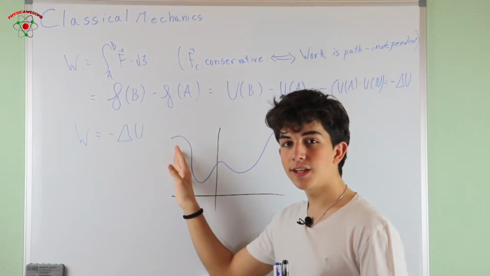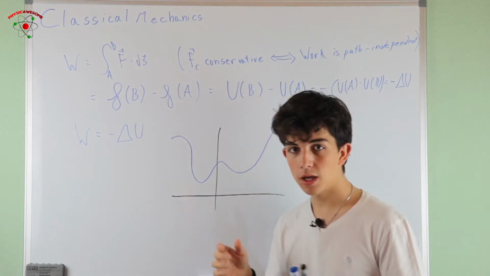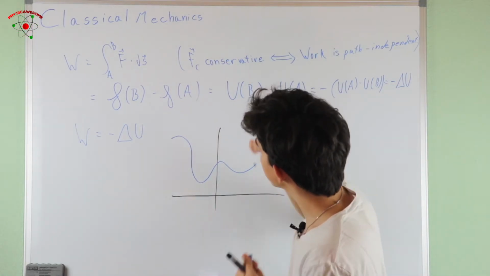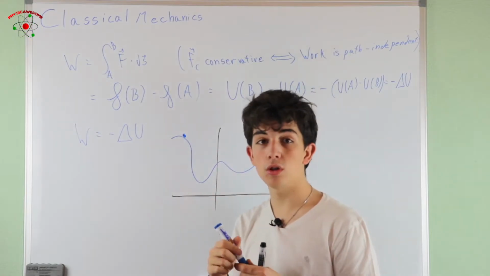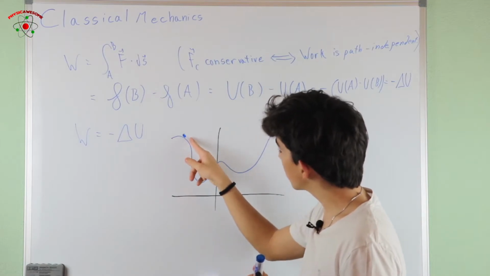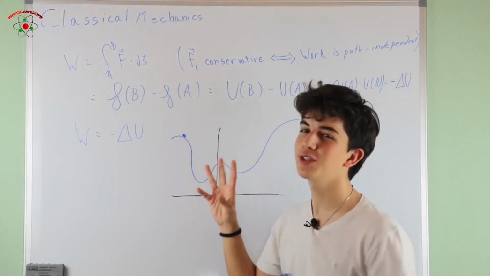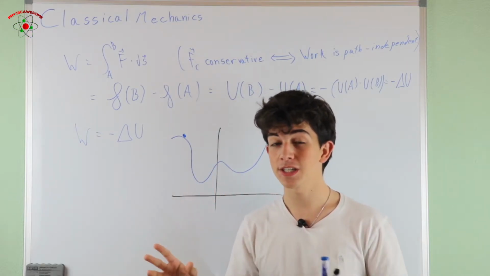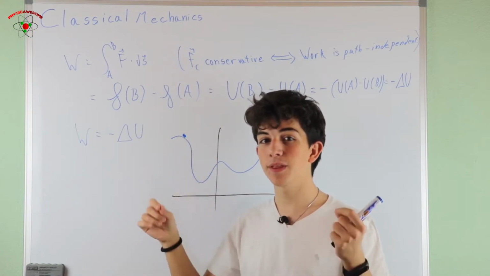In a sense, this can remind you of, for example, a hill, and if you place a ball on it, you know that the ball will go to the lowest energy point it can. So it will fall towards this side. And the reason why this reminds you of that situation is because a ball on a hill is the exact same thing.